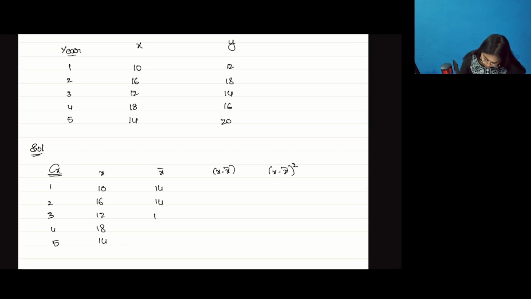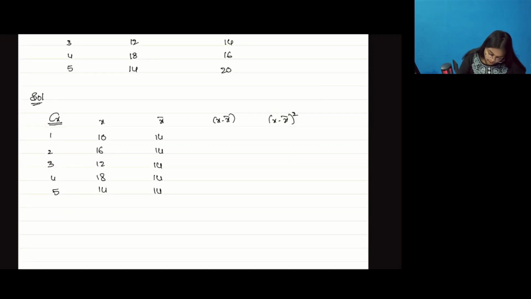So x minus x bar: minus 4, 2, minus 2, 4 and 0. Here the total will be 0.